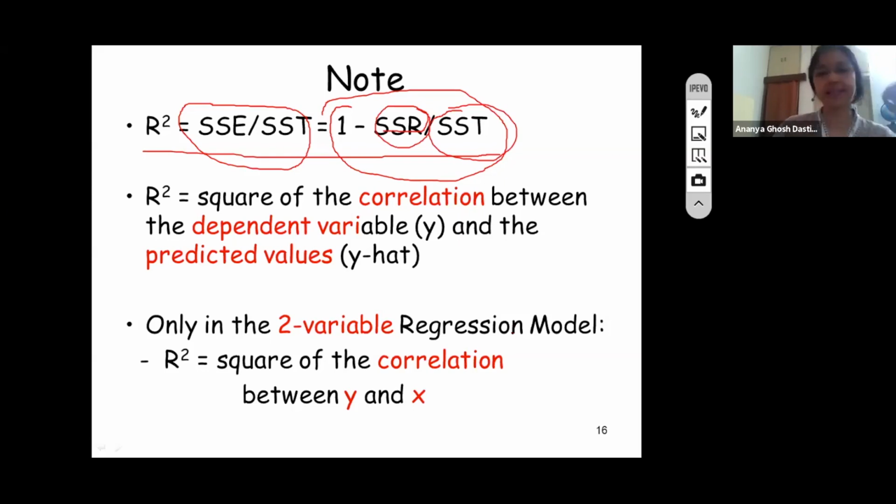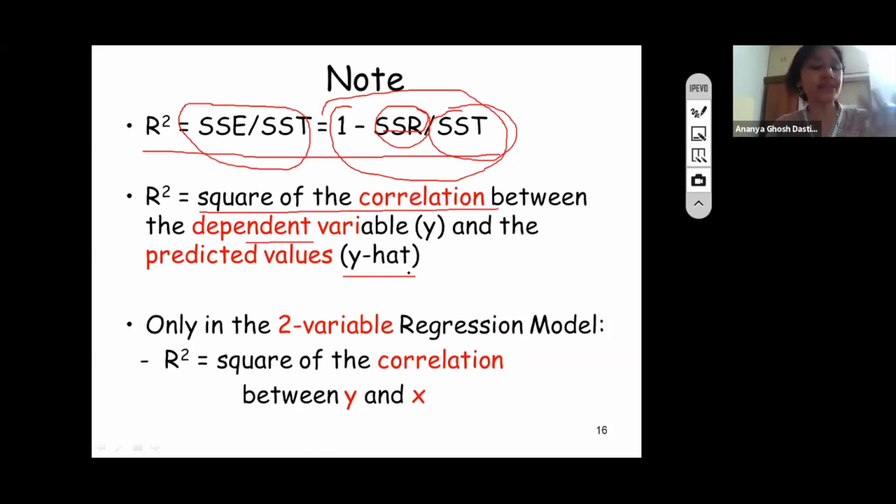Now, there's a little more to the R squared than what you have just discussed. Of course, it's the goodness of fit. It is also the square of the correlation between y and y hat. Always. Check this. Y is your data, and now you have generated y hat.